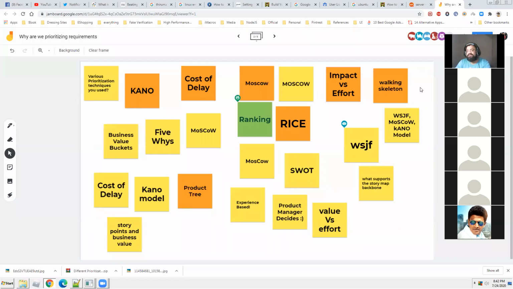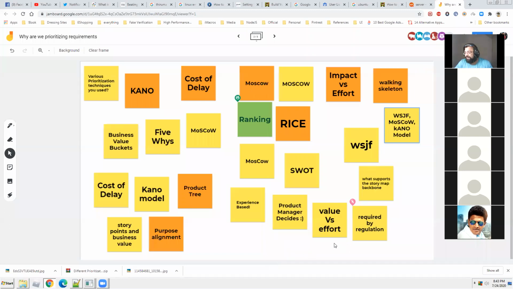I believe everyone is seeing the list of methods, or techniques, that are used. If you see, there are many people who are doing MoSCoW. Some are doing WSJF. Some are doing purpose alignment. Yeah, that's a nice one. Some of them are doing Kano and impact versus effort and cost of delay, 5 Whys, walking skeleton.